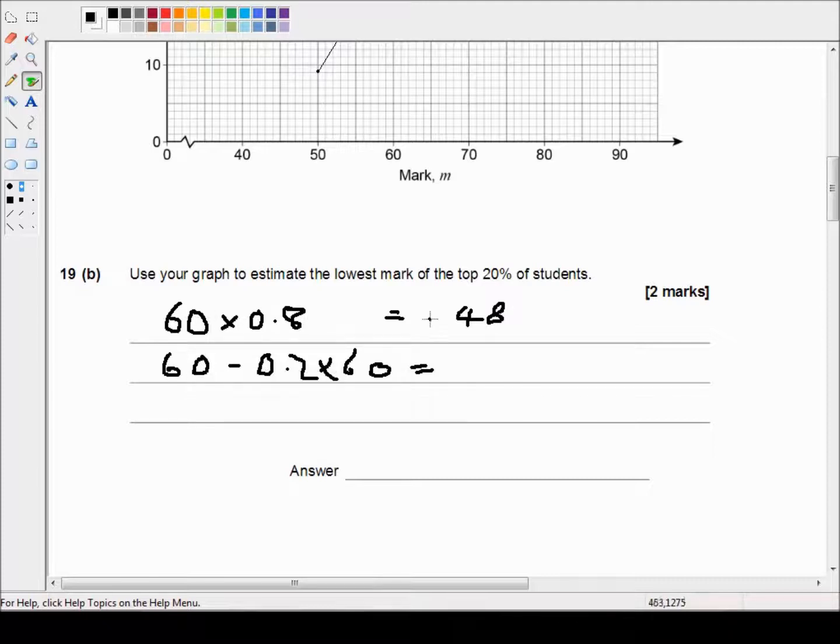Actually, if you weren't sure about that, you could have said 6 times 4 is 24, and 24 plus 24 is 48. Or 6 times 2 is 12, and 12 plus 12 is 24, which is 6 times 4, and then 24 plus 24 is 48, which is 6 times 8. But hopefully you don't need to do that because you memorised your times tables.